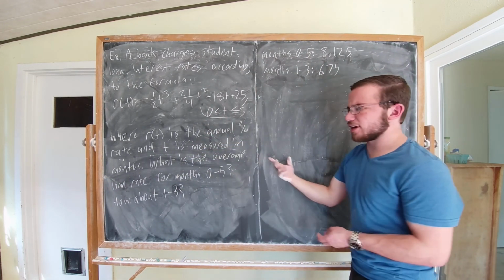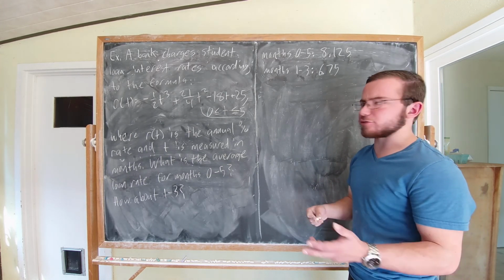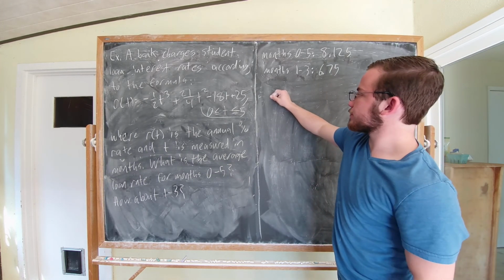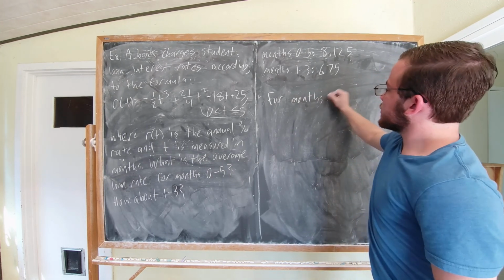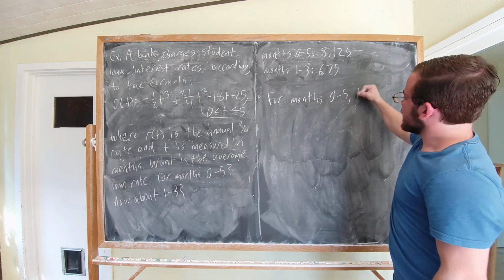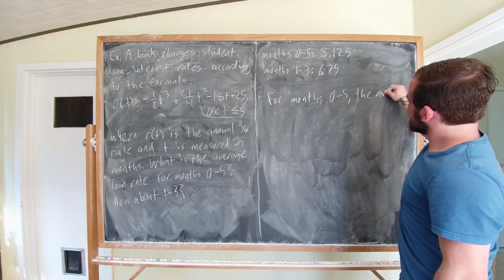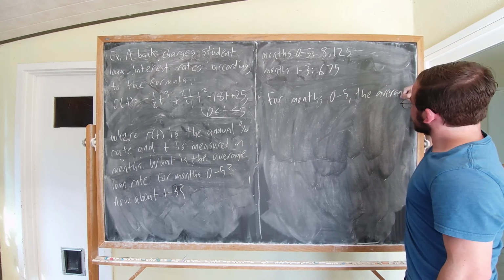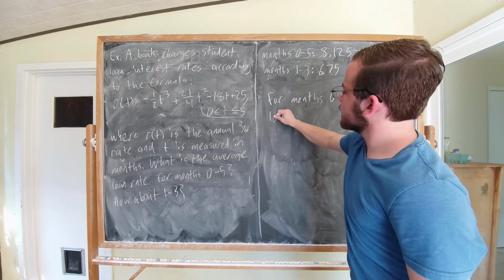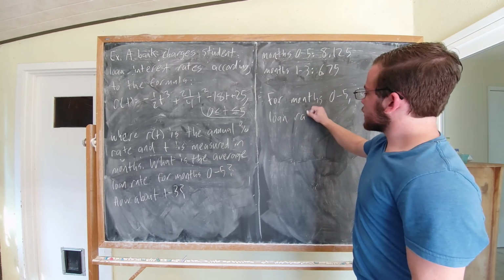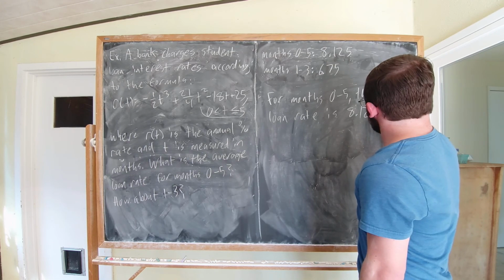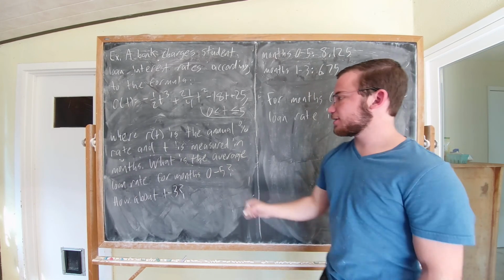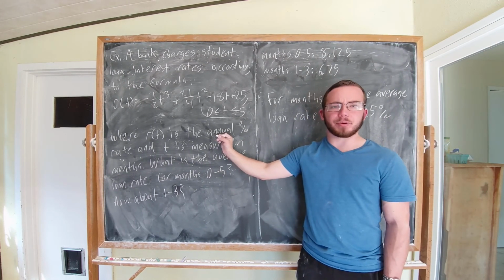Okay, so what does this tell us that our actual average loan rates are? For months 0 through 5, the average loan rate is 8.125%, since R of t is measured in percentages.